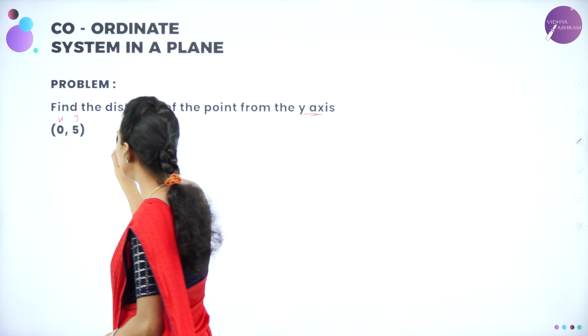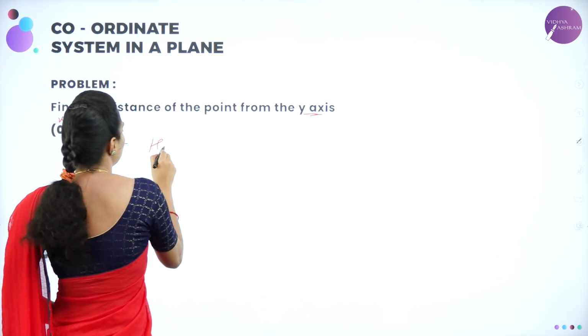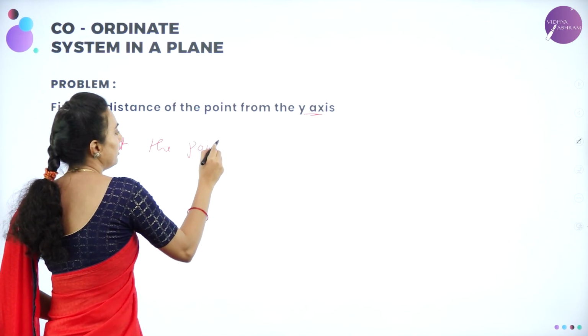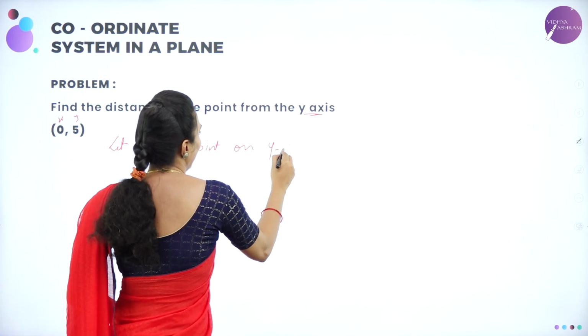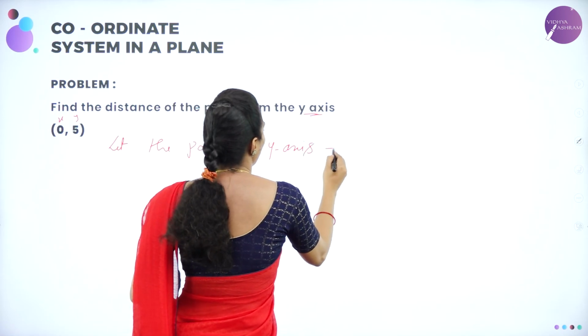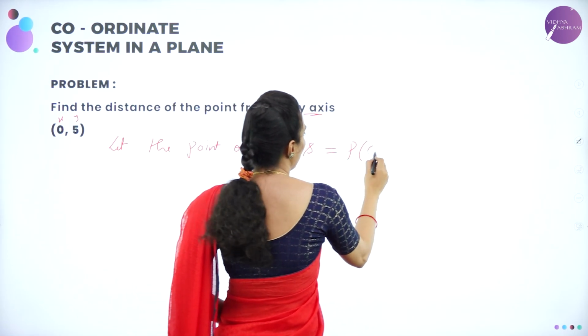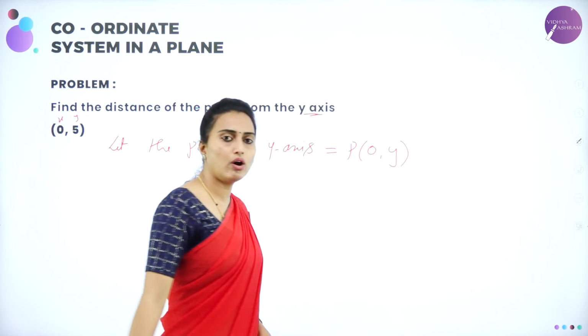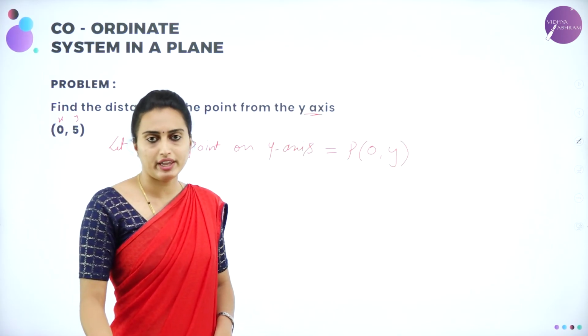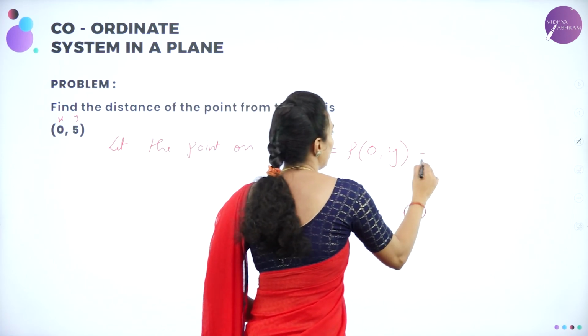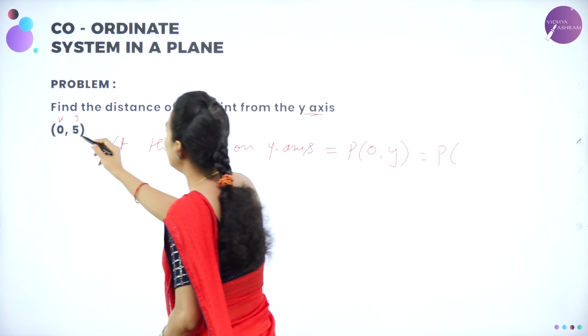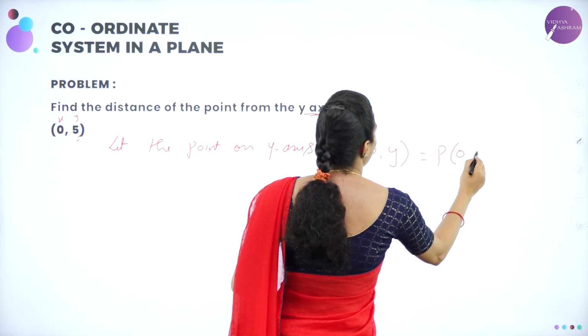So let the point on the y-axis be P of 0 comma y, because the x coordinate will be 0 for a point on the y-axis. So P is 0 comma 5.